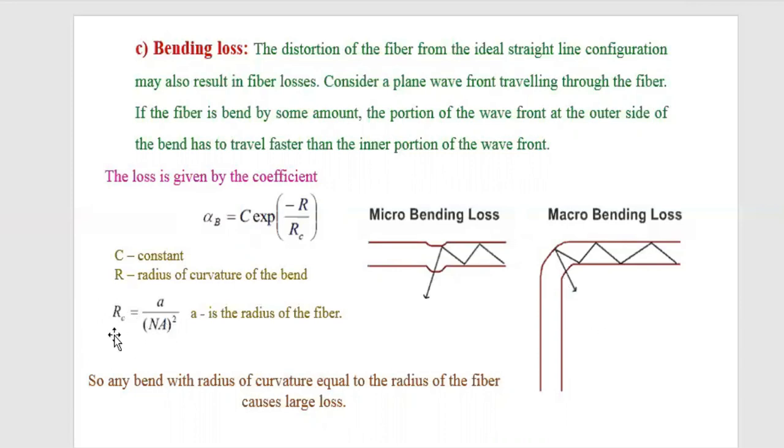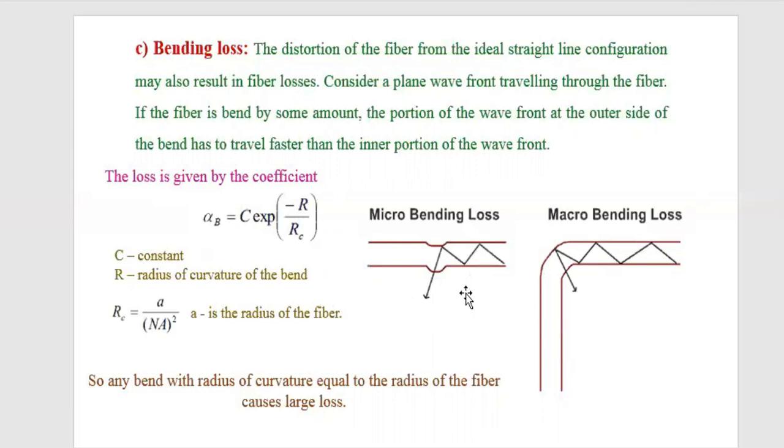That limit is called the radius, and that loss is given by the coefficient alpha b equals c into exponential of minus r by rc, where c is some constant, r is the radius of curvature of the bend, and rc is equal to a by NA squared, where a is the radius of the fiber core and NA is the numerical aperture. So within a certain limit, bending is permissible in these optical fiber materials.